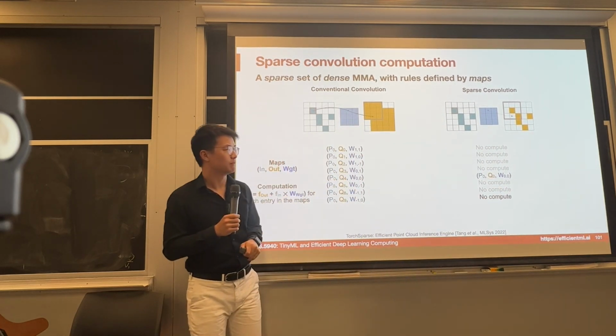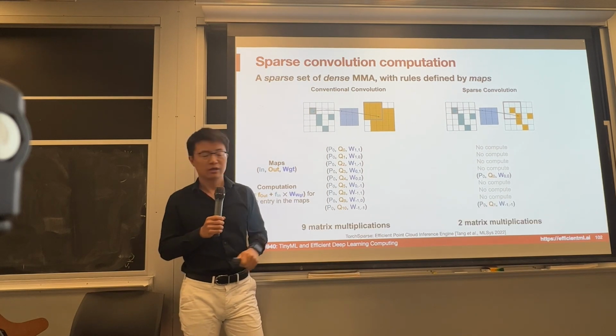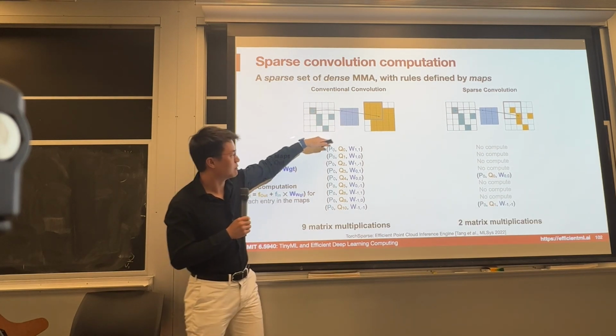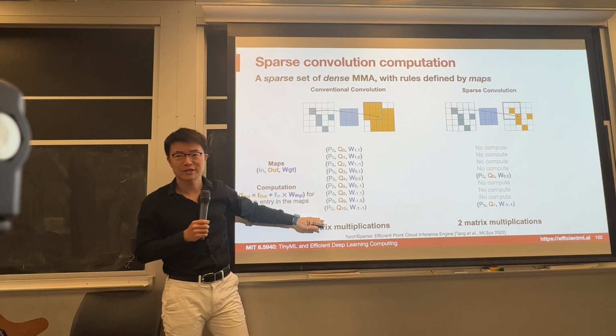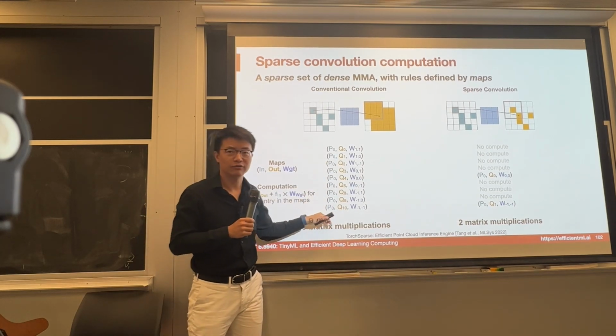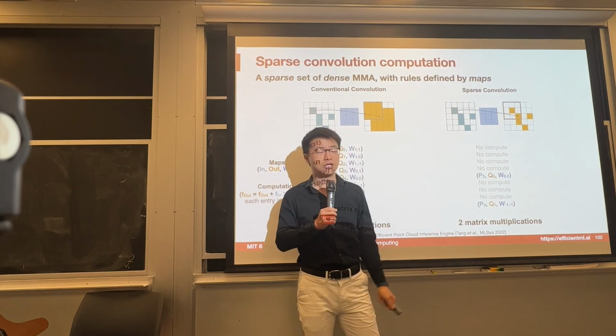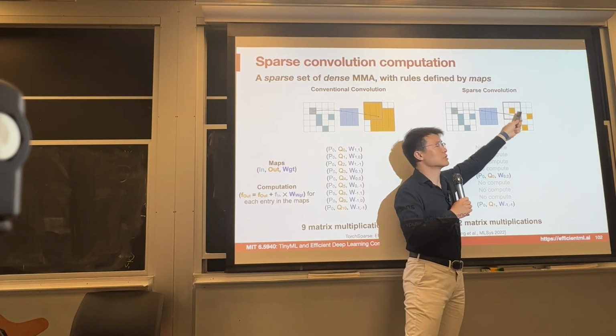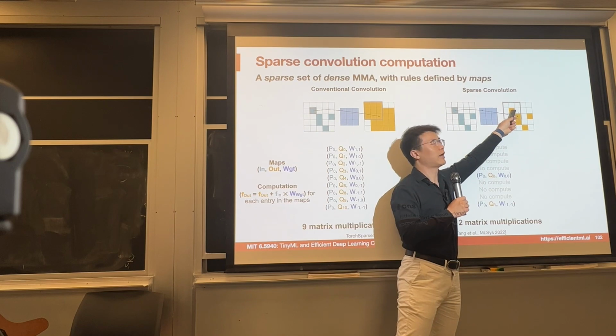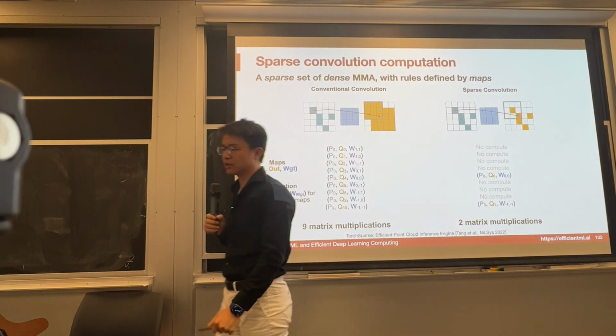So this gives the difference among these 9 elements. 100% of them need to be calculated for dense convolution, but only a subset of them need to be computed for sparse convolution, since out of this window size of 9, only 2 of them need to be computed.